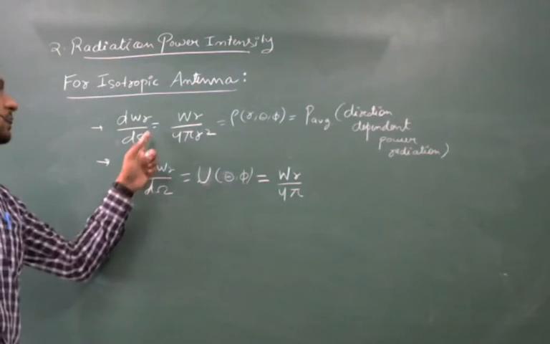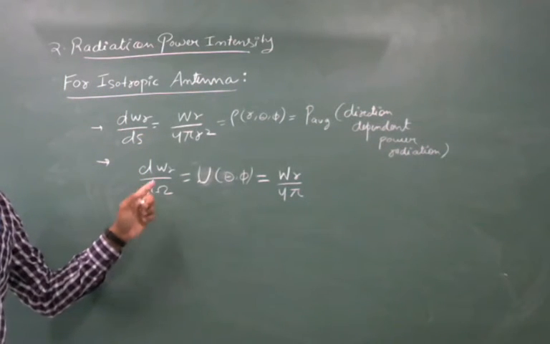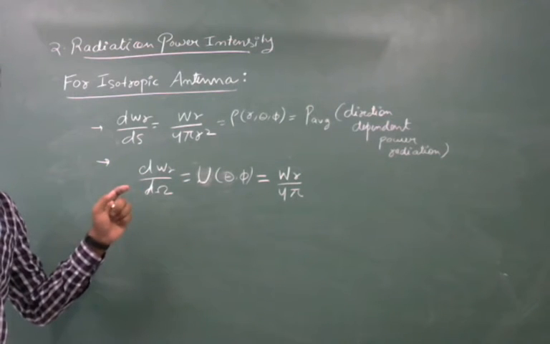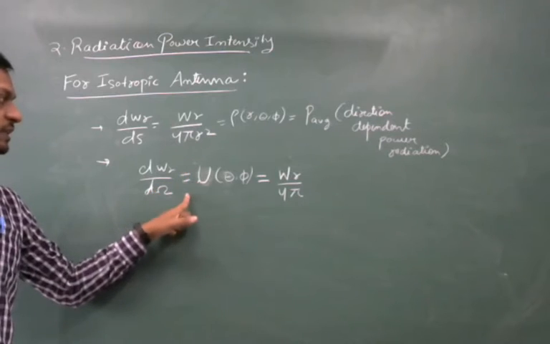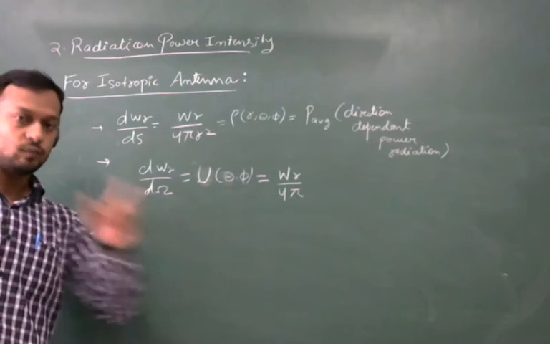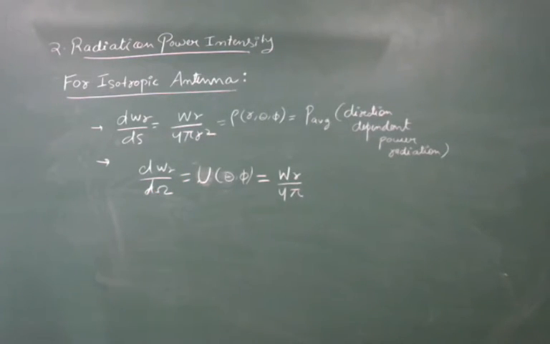As from the relation ds by d sigma is equal to r square, the r square is cancelled out.